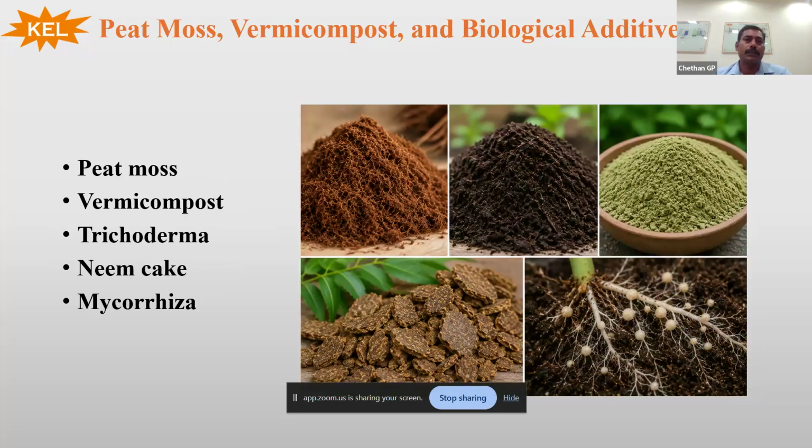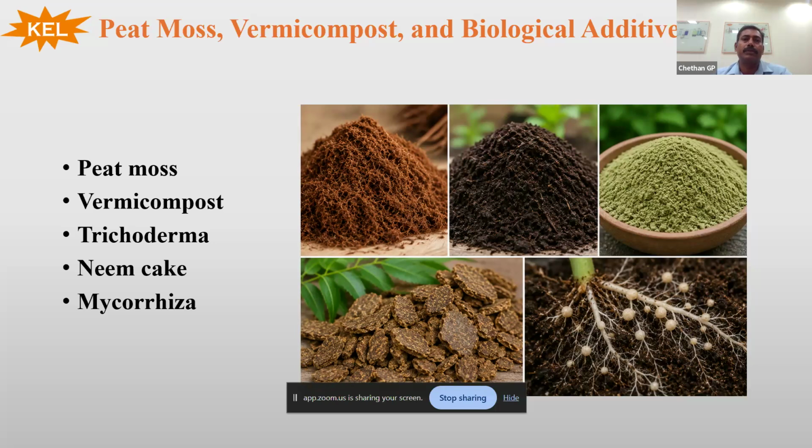Peat moss and several additional materials are incorporated into specialized substrates to improve the biological activity and nutrient availability. Peat moss possesses exceptional moisture retention and is frequently used in seedling production and high value ornamental crops.